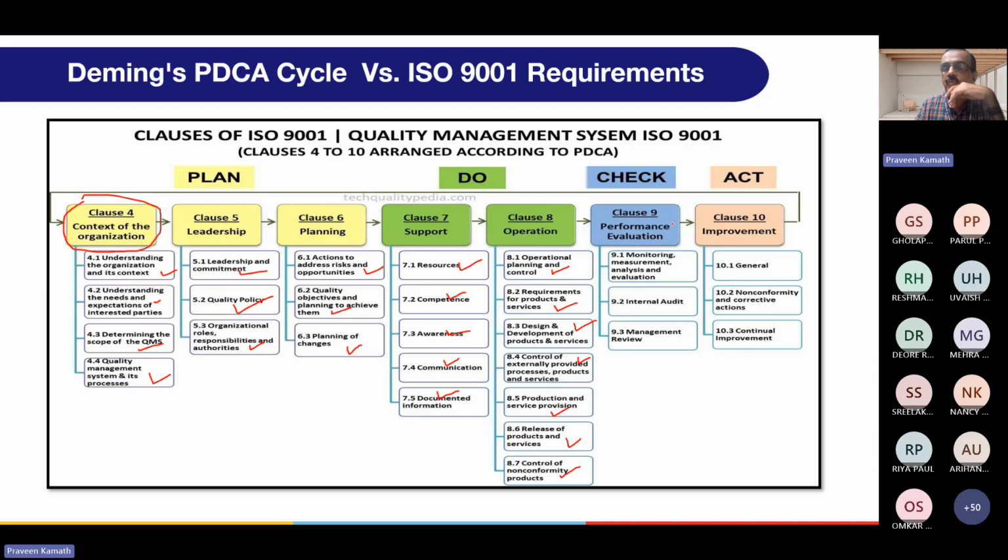Then clause 9, performance evaluation: monitoring, measurement, analysis and evaluation, internal audit, management review. Improvement: general, non-conformity and corrective actions, continual improvement. With so many points, it's difficult to explain each one of them, but I think most of the headings here are self-explanatory.